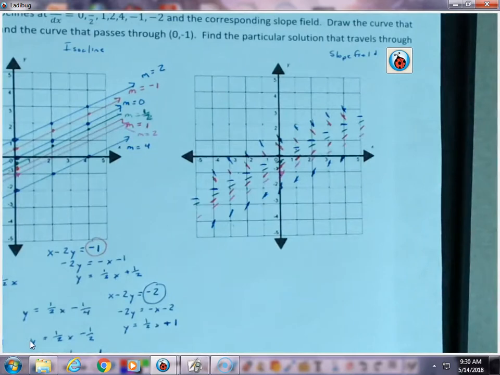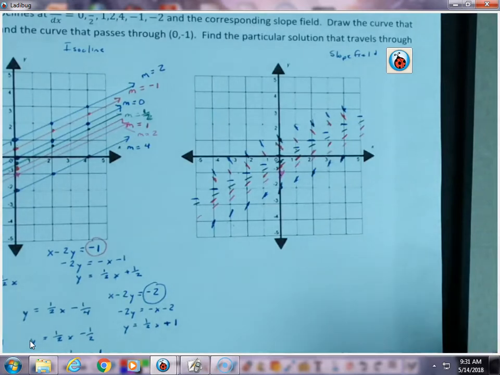Alright, what do you think of our isoclines and slope field? It's a lot of little lines. You can see why people came up with isoclines, though. You can get a lot of bang for your buck out of the slope field lines.